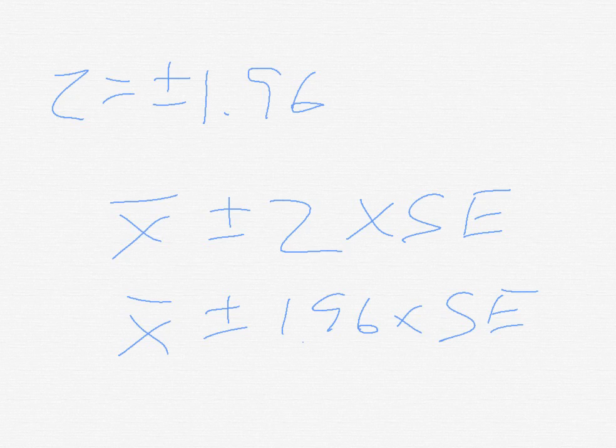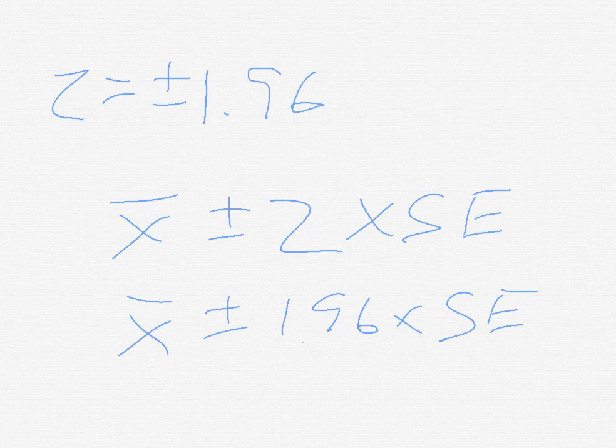This will create a 95% confidence interval around the mean. What that translates into is that I don't know what the true mean is, but I am 95% confident that the mean exists inside of this range.